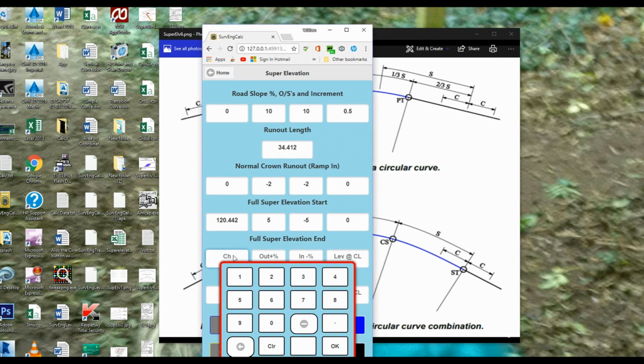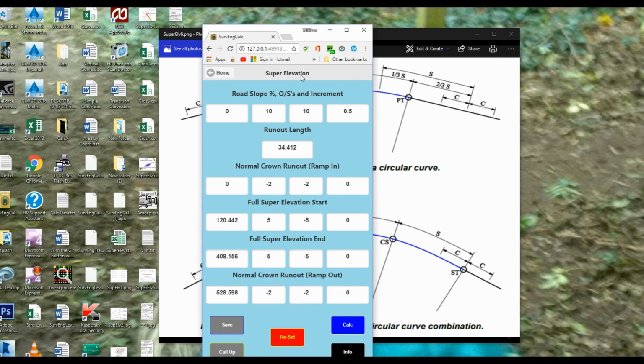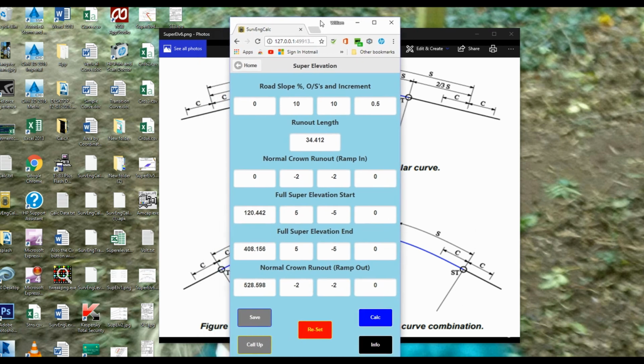So it's going to be the length of the curve added onto that chainage. It's going to be 408.156, and the end it just works out the rest of it for you there. So the rest of it's all worked out.